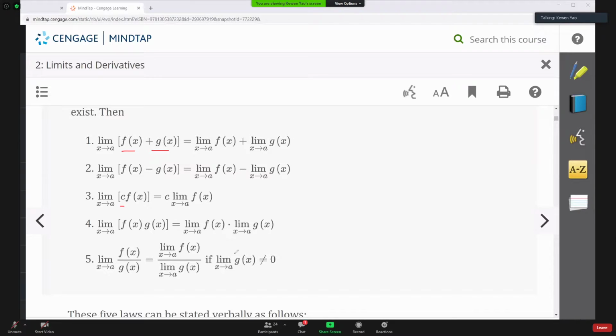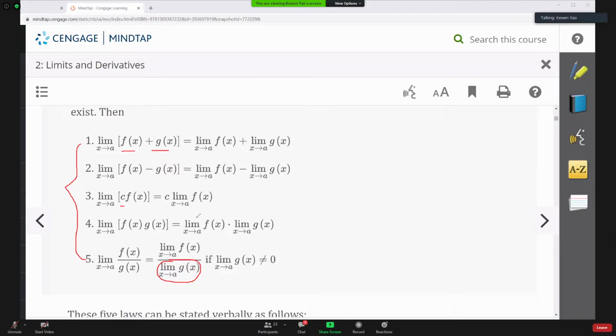Of course, you have to require that the denominator is non-zero, right? If the denominator is 0, then this does not make sense. So we have learned how many laws? 5. There are 5 laws for calculating the limit.